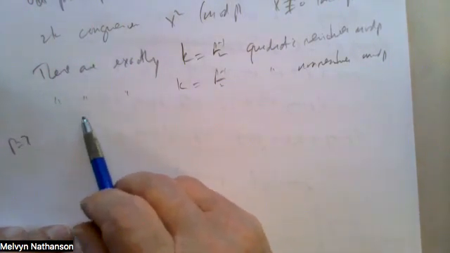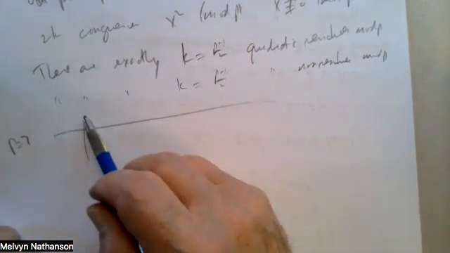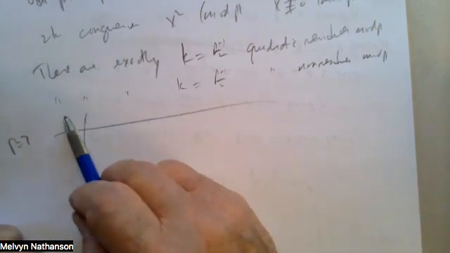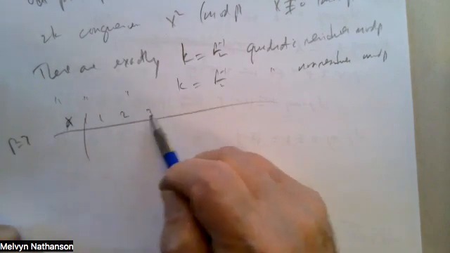So all I'm saying is, let's look at an example. Suppose we take p equals 7. What are the numbers that are not 0 mod 7? I could take x to be 1, 2, 3, 4, 5, or 6.